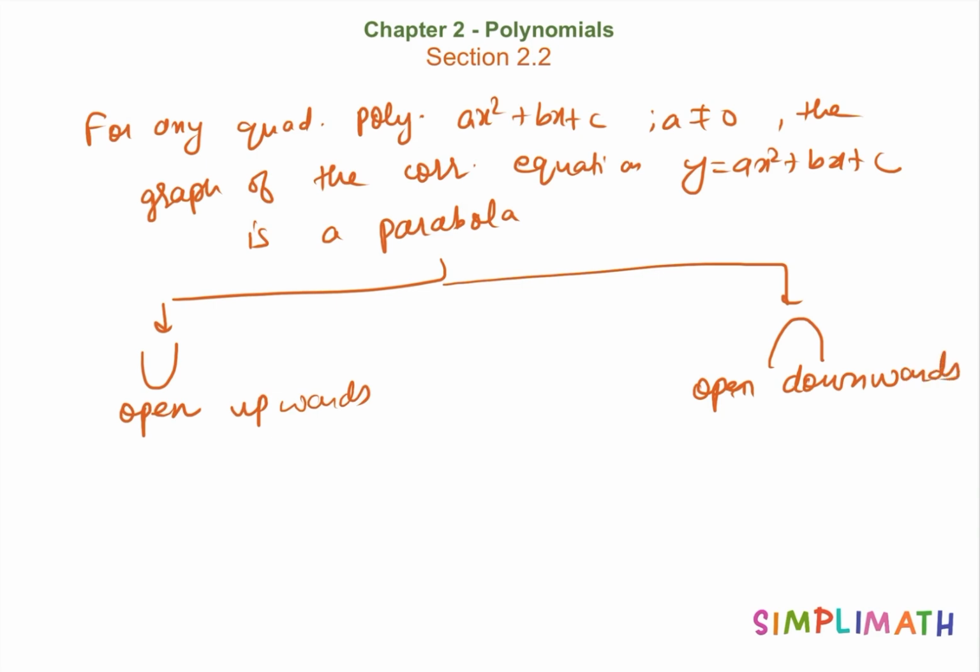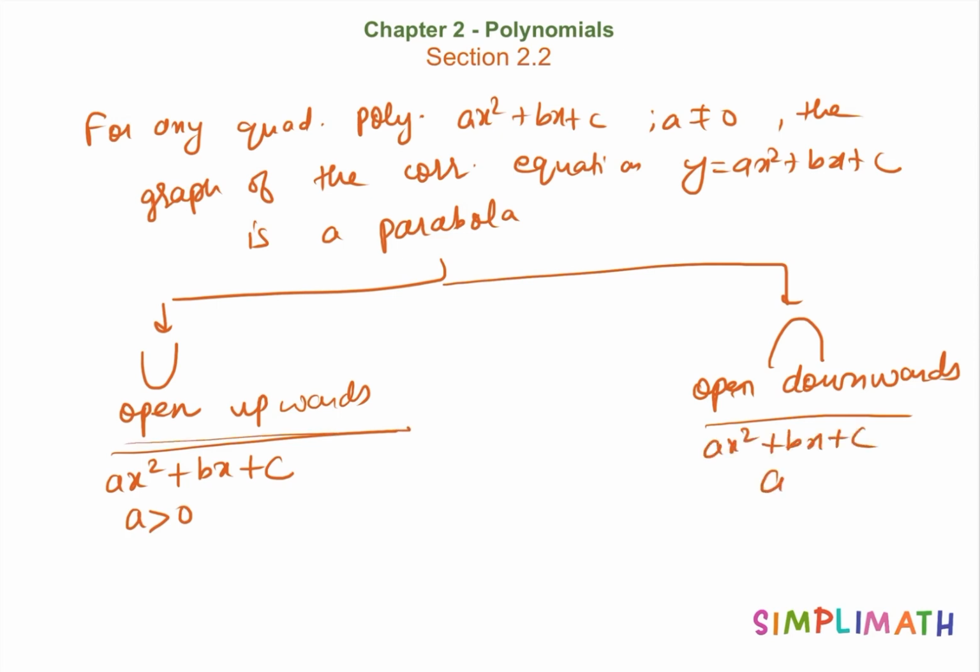So if you are given an equation or a polynomial, without plotting your graph, you can figure out if it is facing upwards or downwards. How? If you plot the graph of the corresponding equation, if a is greater than 0, then it is open upwards, and if a is less than 0, then it is open downwards.